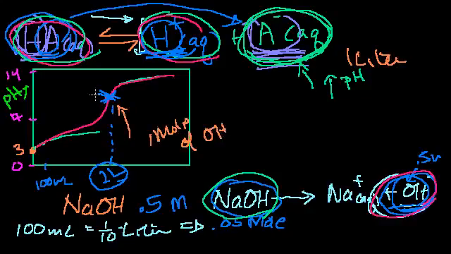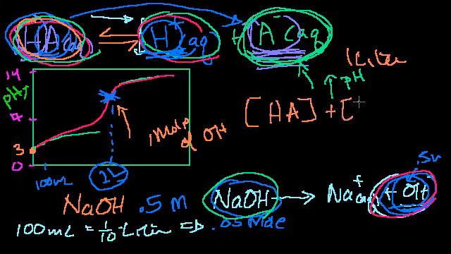Here you've added 1 mole of OH, which implies that when you added 1 mole of OH, you sopped up all of whatever moles you had of this. So you clearly had 1 mole of that. So over here, you really could say your concentration of your HA plus your initial equilibrium hydrogen is equal to 1 molar.